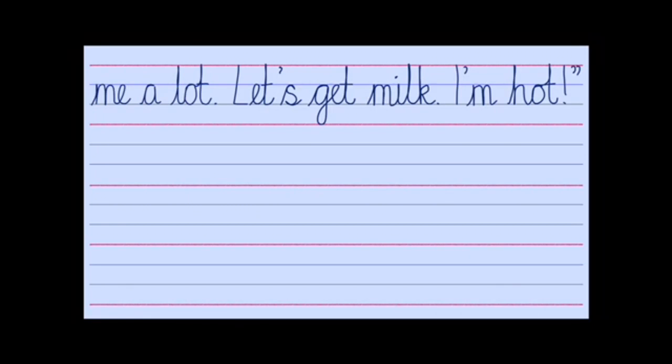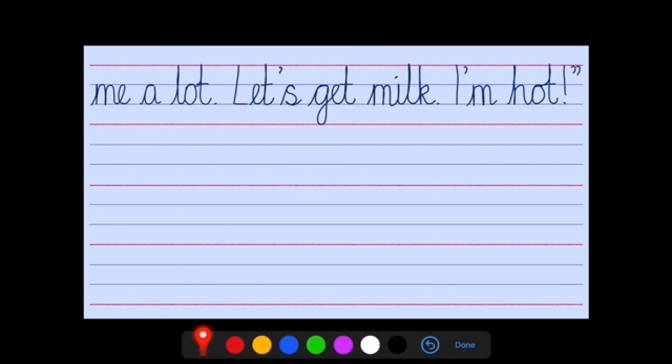And did you notice? I was doing this really quickly, and I've written the word I with just a straight line instead of putting a line across the top and the bottom.